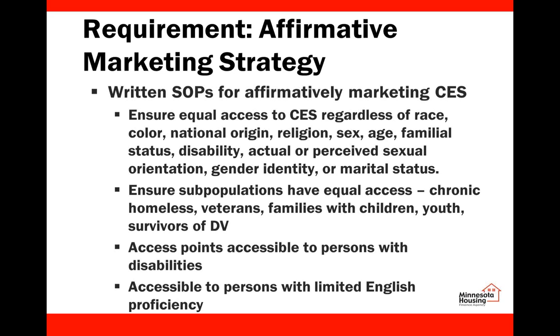They also have to be accessible to persons with limited English proficiency. Continuums of care are encouraged to engage in translation services or other support services to ensure that persons understand the continuum of care and the standard operating procedures for participation in the coordinated entry system.